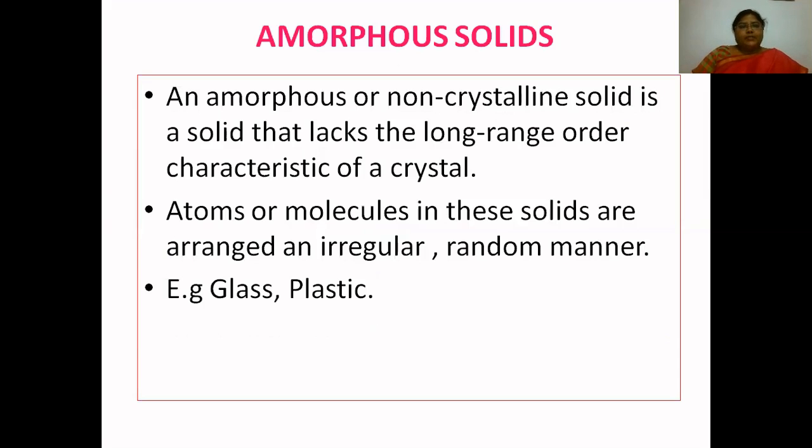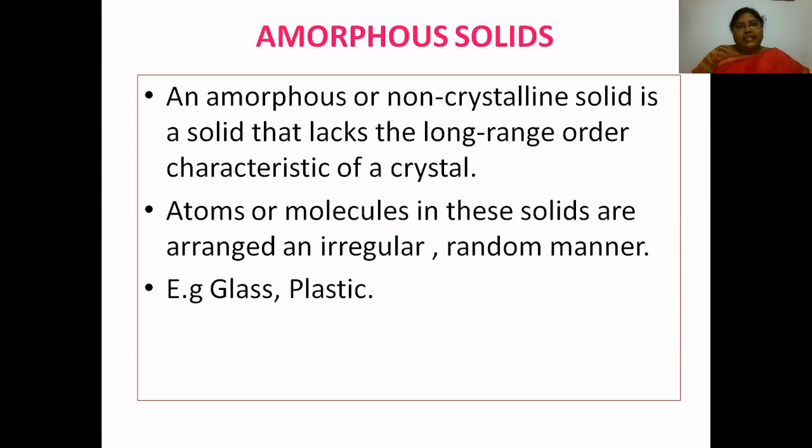Amorphous solids. An amorphous or non-crystalline solid is a solid that lacks the long-range order characteristic of a crystal. Atoms or molecules in these solids are arranged in an irregular or random manner.